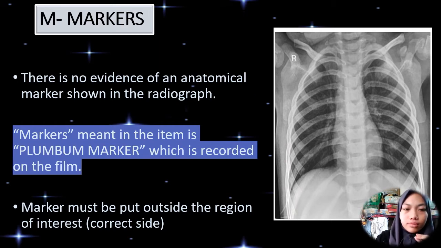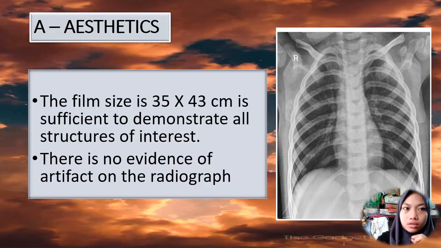We all know that markers must be put outside the region of interest in the correct side, either right side or left side. A for aesthetic, the film size is 35/43 is sufficient to demonstrate all the structure of interest. There is no evidence of artifact on the radiograph.